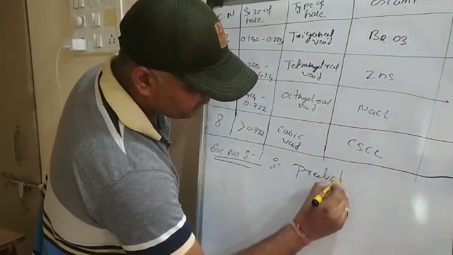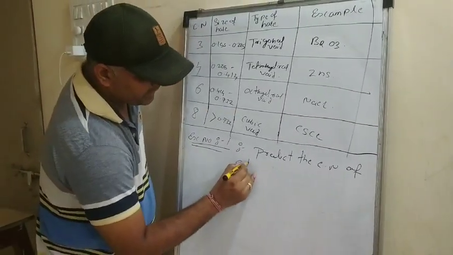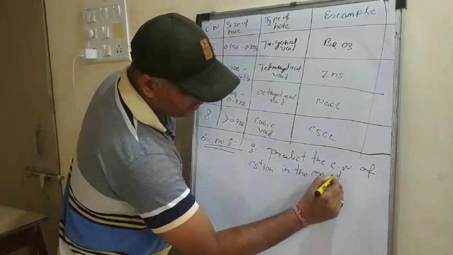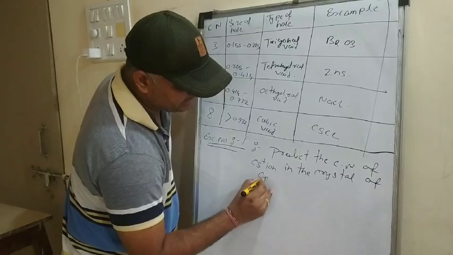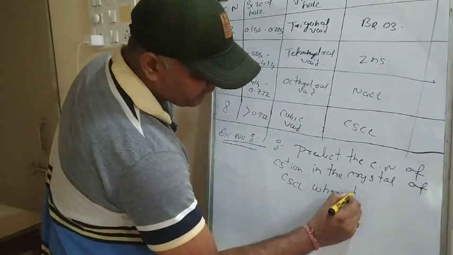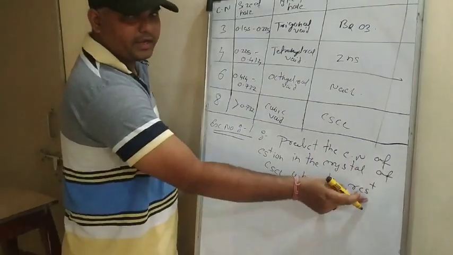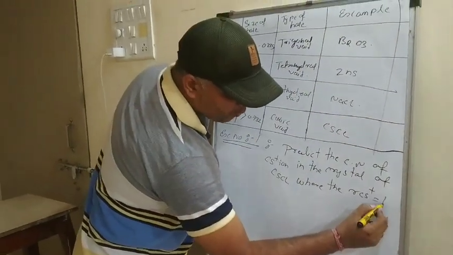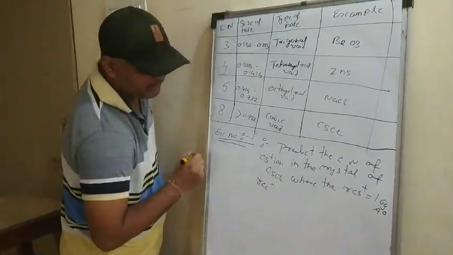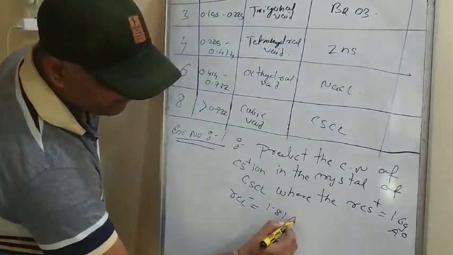Predict the coordination number of Cs+ ion in the crystal of CsCl, where the r Cs+, the size of the cation, is equal to 1.69 Angstrom and r Cl-, that is the size of the anion, is equal to 1.81 Angstrom, right?